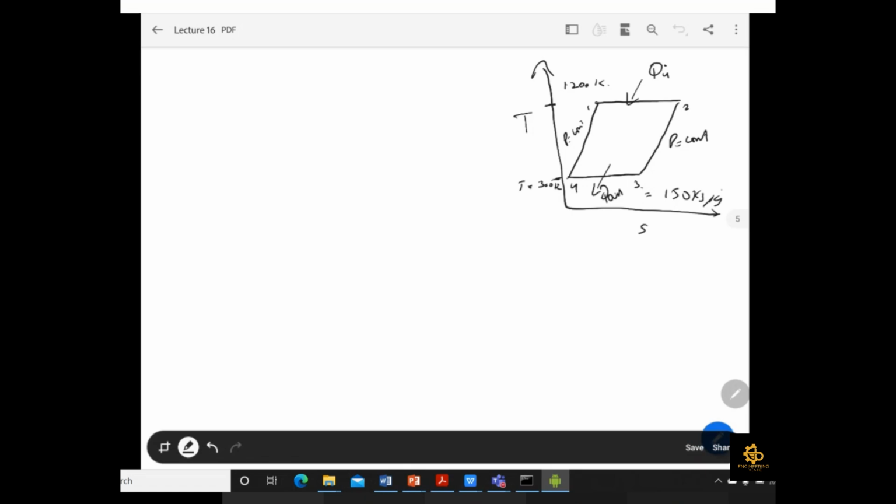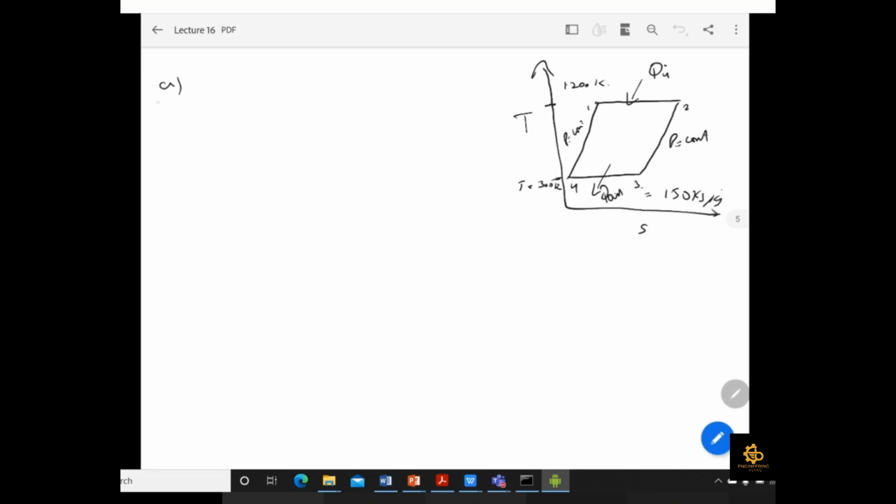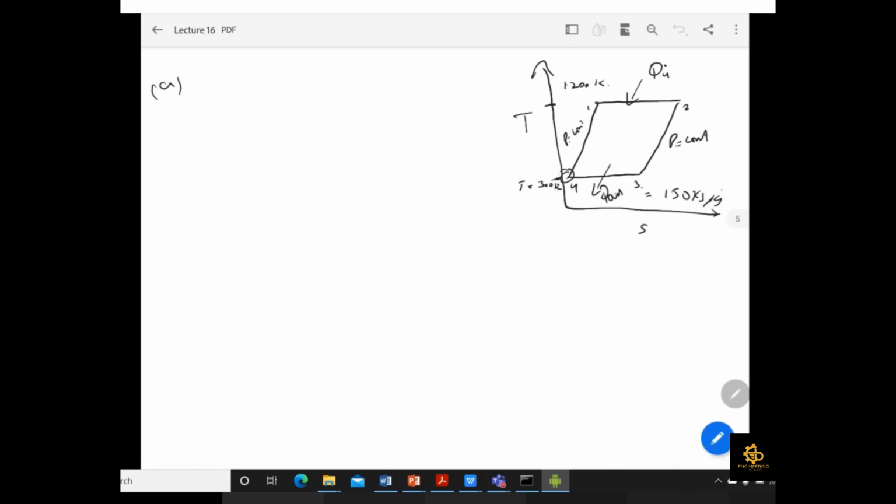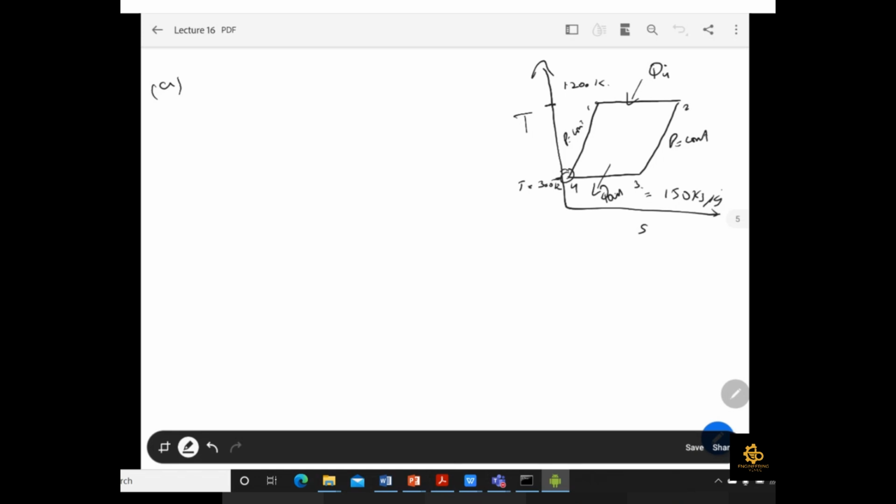Now coming towards part number A, we have to find the maximum pressure. If you go back to the previous lecture, you can easily find that this point is at the highest pressure on the PV diagram, and point number 1 is also at the same pressure.